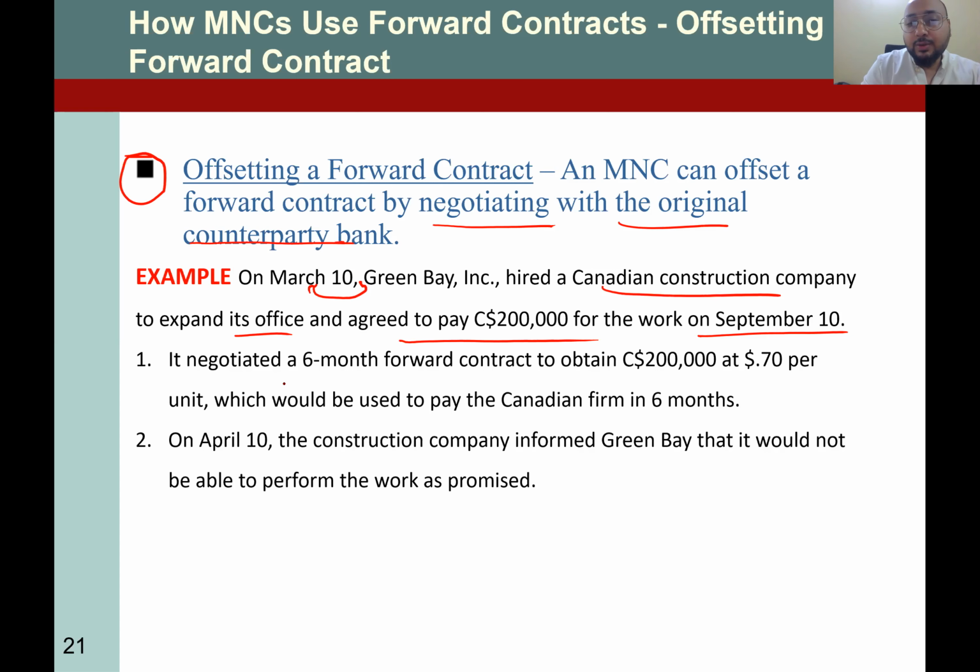So it negotiated a 6-month forward contract to obtain 200,000 Canadian dollars at $0.70 per Canadian dollar, which would be used to pay the Canadian firm in 6 months. Because they are paying in Canadian dollars, they lock their rate at $0.70 per Canadian dollar.